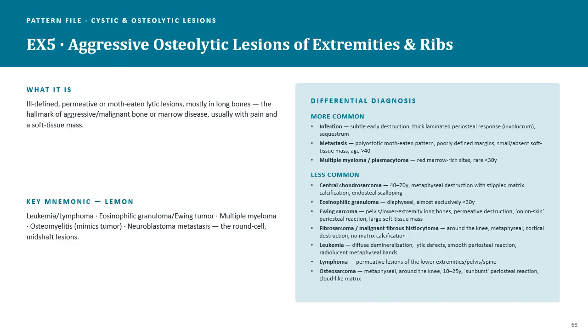So again, with those aggressive osteolytic lesions, they can rapidly destroy the bone, so that bone loss can happen rapidly. So they're looking at the border, they're looking at the periosteal reaction, the age, and also the location of the lesion, and that's going to help them narrow down what the causes might be.